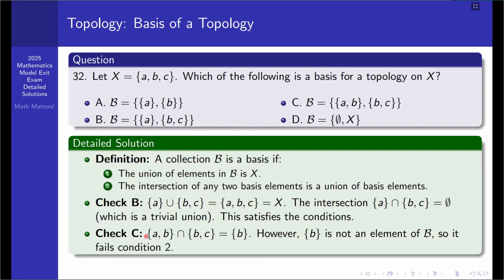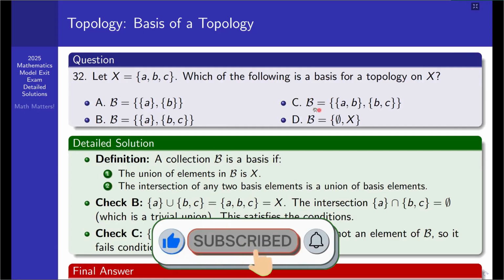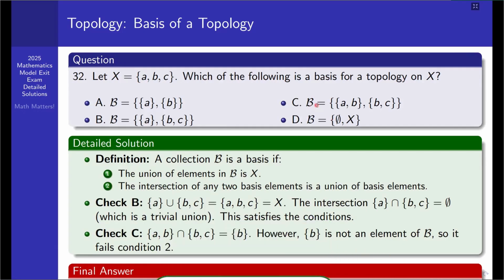And if we check C, the intersection of AB and BC is equal to B. However, B is not an element of the basis, so it fails to satisfy the second condition. Therefore, the answer could be alternative C, which is the basis B equal to the set containing the set AB and the set BC.